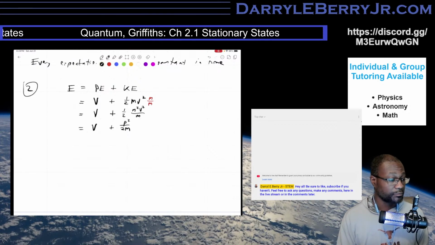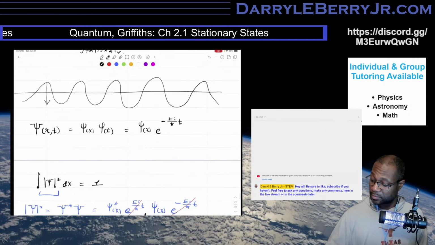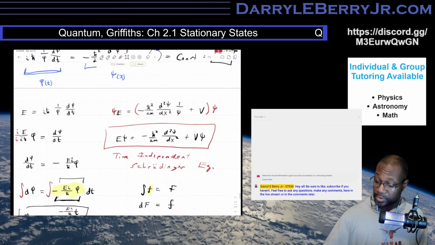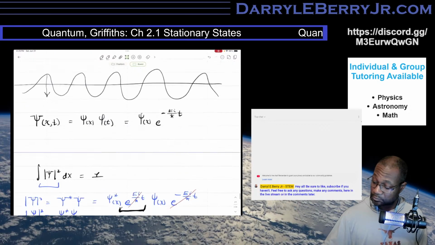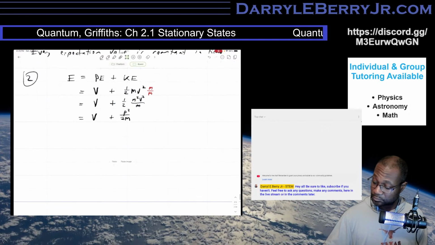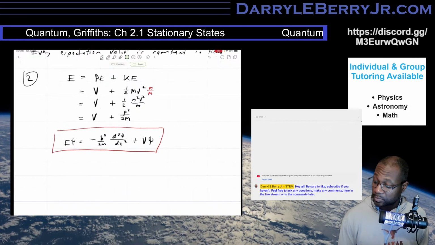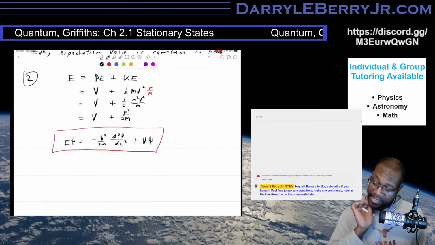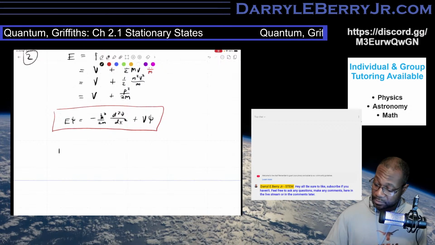Now, if we look at this, the time independent Schrodinger equation was this. What this is telling us is that since we have E, let me write this over again.